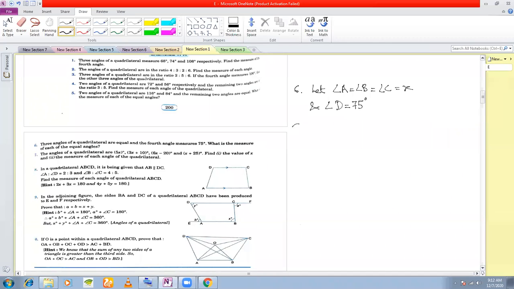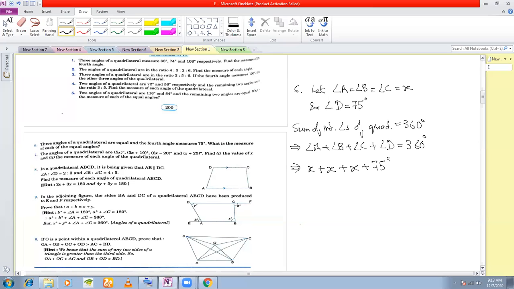Right. Now we shall use sum of interior angles of a quadrilateral is equal to 360 degree. That means angle A plus angle B plus angle C plus angle D is equal to 360 degree. Put the values. Angle A is X, angle B is X, angle C is X, angle D is 75.